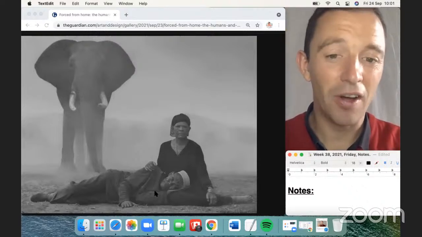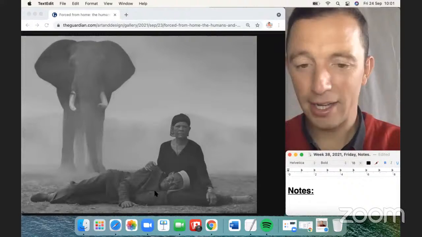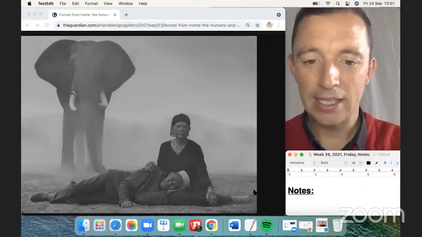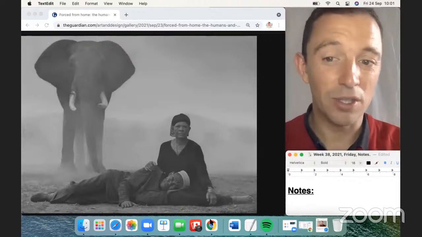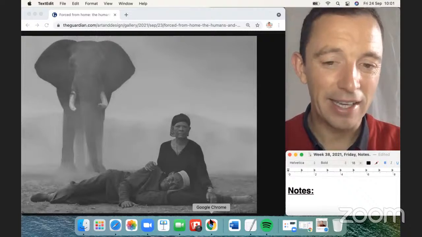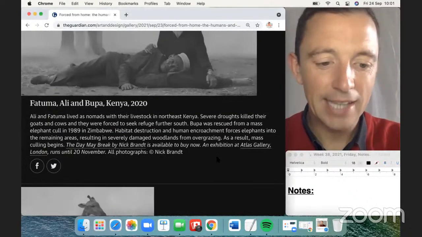He's lying on the ground, and the lady is staring, fixed, at the camera. Her face is a little bit sad, and the man is very tired as well. So it's an interesting picture. Again, the color is black and white for artistic effect, I think. But now we will read the text at the bottom.